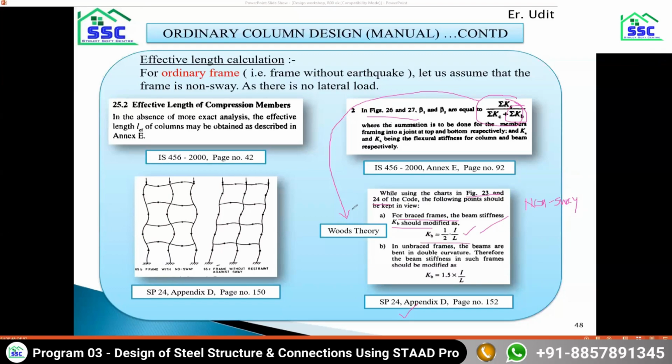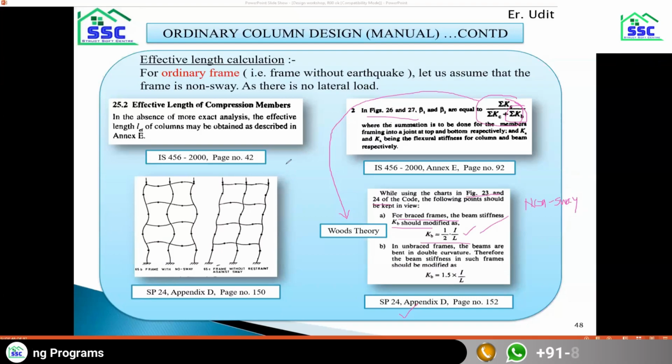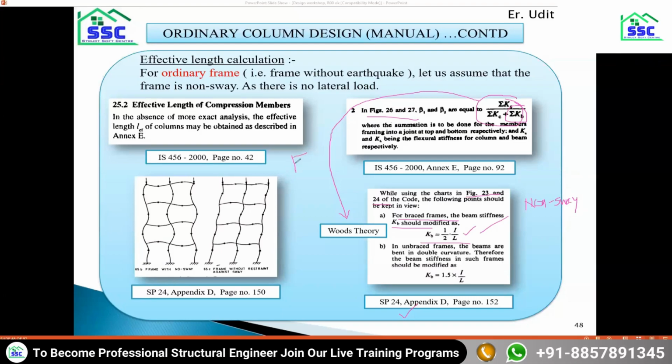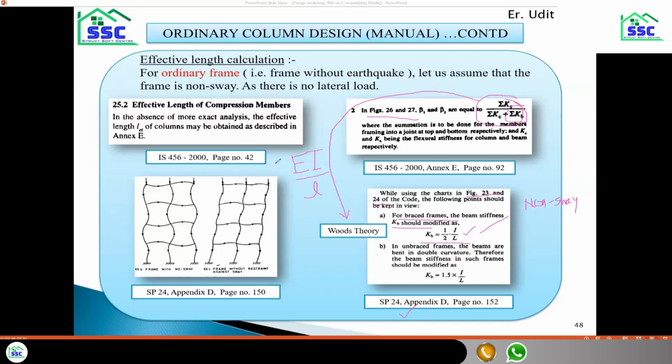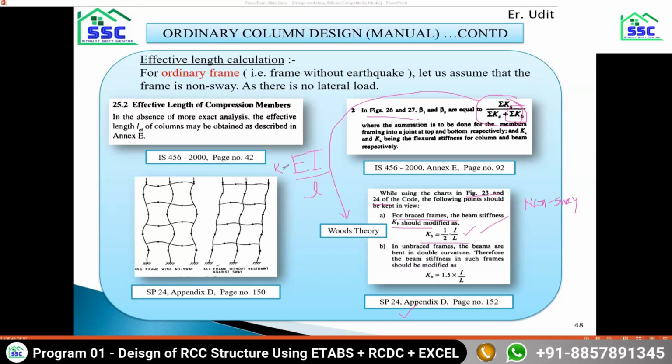Okay, so if you recall our basic analysis theory, the flexural stiffness of any element is given by EI by L. Flexural stiffness we used to denote by K. Flexural stiffness K is always equal to EI by L. But if you refer to this equation, here we have 1K in the numerator and 2Ks in the denominator.